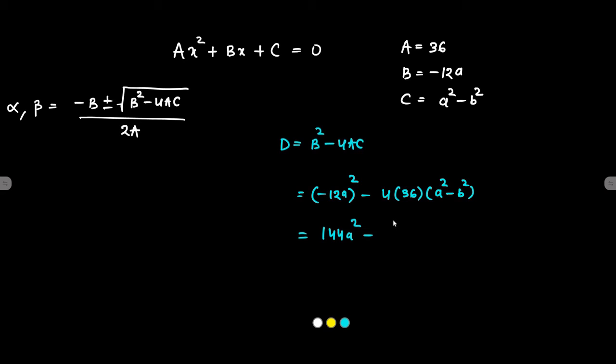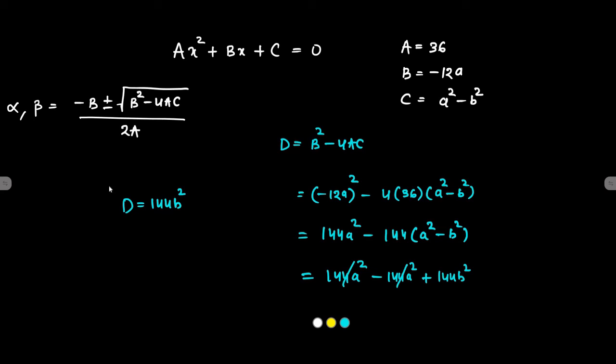Same 144, yes. 30 into 4 is 120 and 120 plus 24 is 144, yes, 144 into a square minus b square. So it will be equal to 144a square minus 144a square plus 144b square. If we open the bracket, it becomes minus 144a square plus 144b square. So 144a square minus 144a square gets cancelled, and we have the discriminant equal to 144b square.